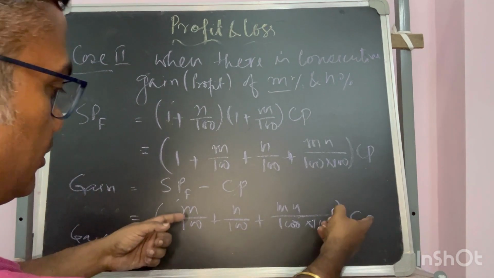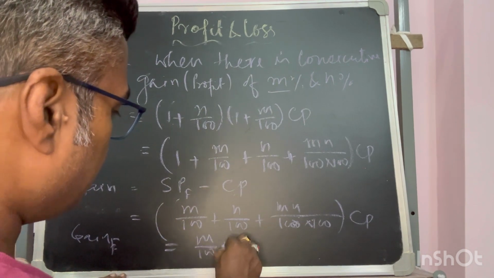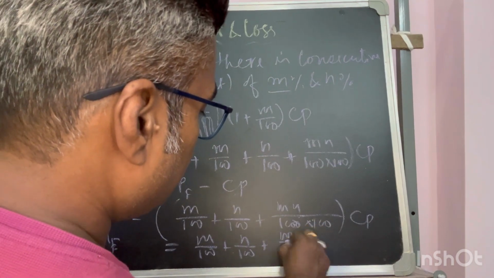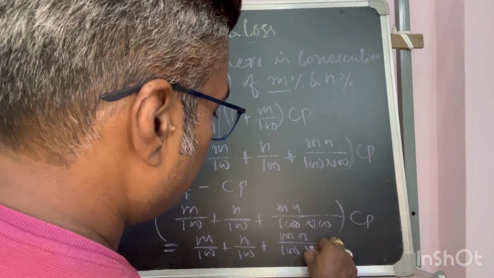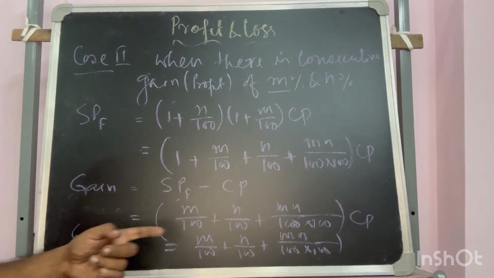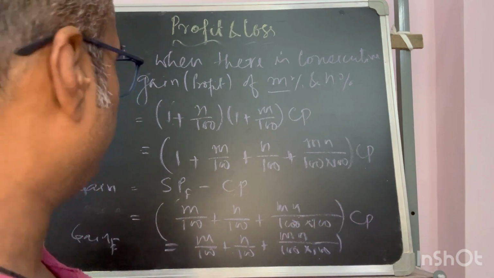When I divide with CP, ultimately this will remain as M by 100 plus N by 100 plus MN by 100 into 100, because I am dividing with CP.